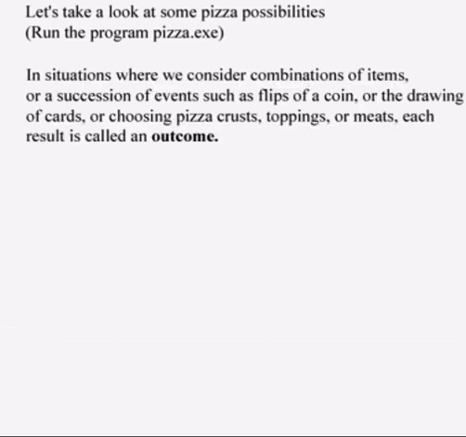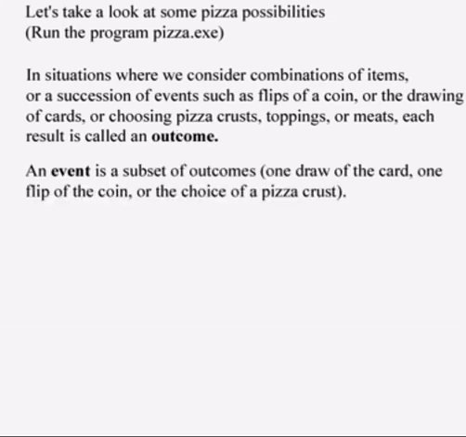And so in certain situations where we consider combinations of items, which could be a succession of events like flips of a coin, drawing of cards from a deck, choosing pizza crust, toppings, or meats, each particular result is called an outcome. An event is a subset of outcomes: one drawing of the card, one flip of the coin, one choice of the pizza crust.